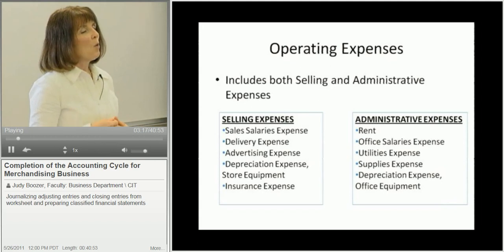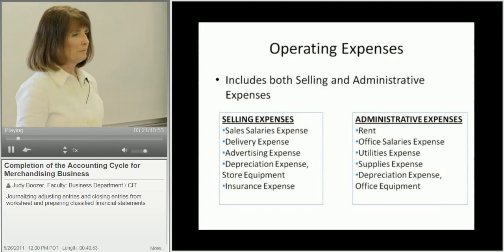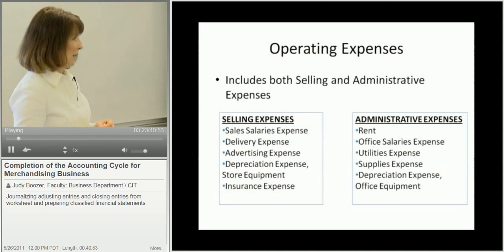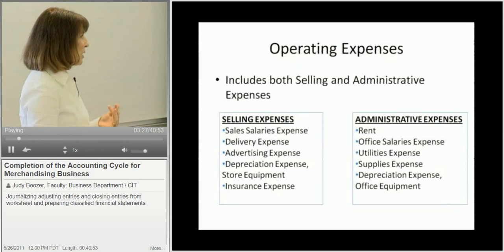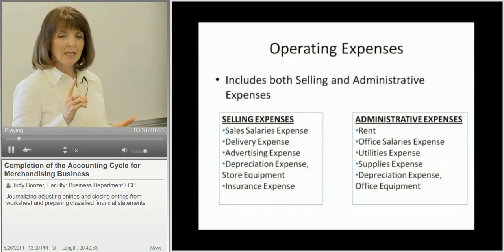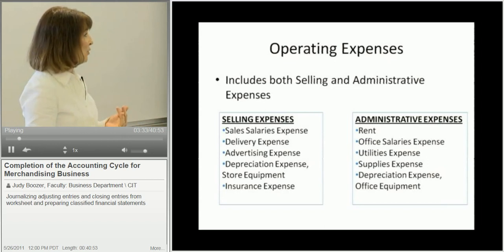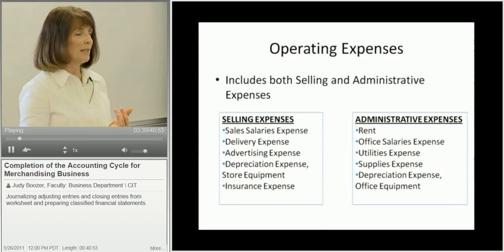Now, what would administrative expenses be? Okay, good. So other things would be the rent associated with operating that business, any kind of office salaries or the staff that's in the office. Those would be administrative expenses.